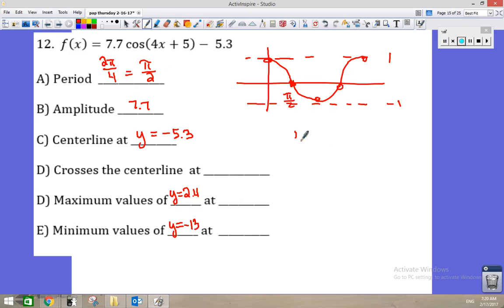So I need to find the value of x that will cause this algebraic expression to equal pi over 2, so that I can substitute pi over 2 in. To solve for x, I'll subtract 5, and then I'll divide everybody by 4, or multiply by 1/4.